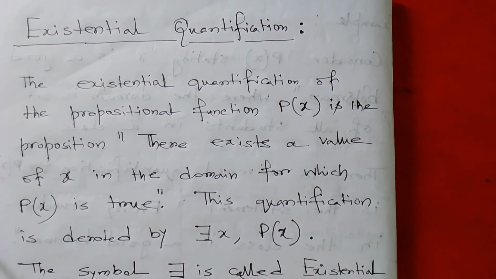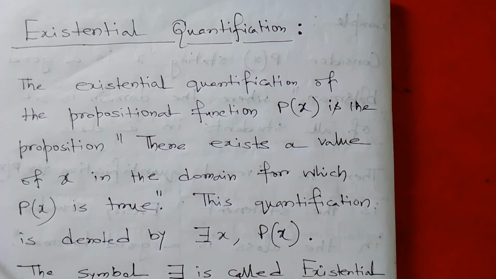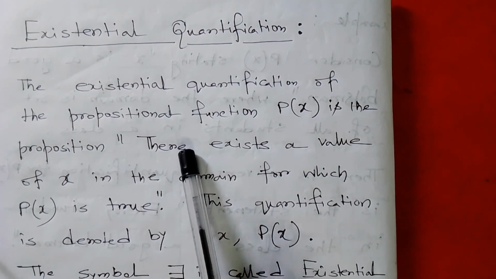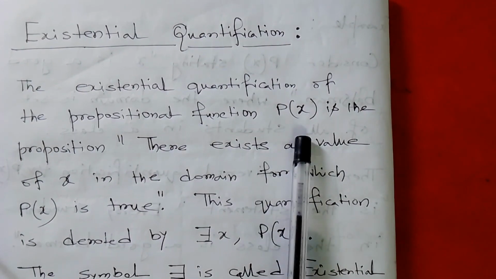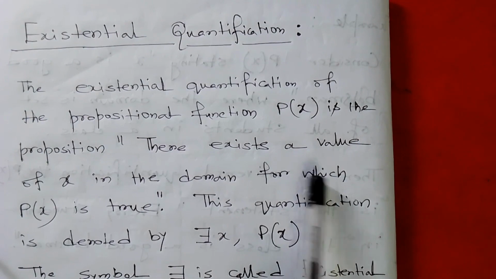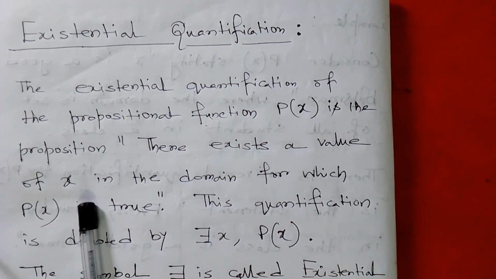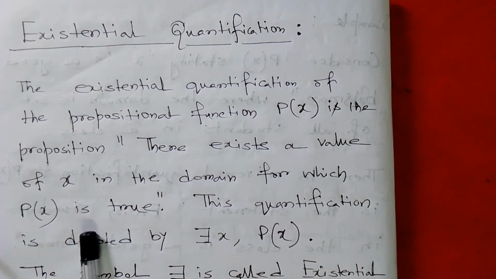Now I'm starting with existential quantification. The existential quantification of the propositional function P(x) is the proposition that there exists a value of x in the domain for which P(x) is true.